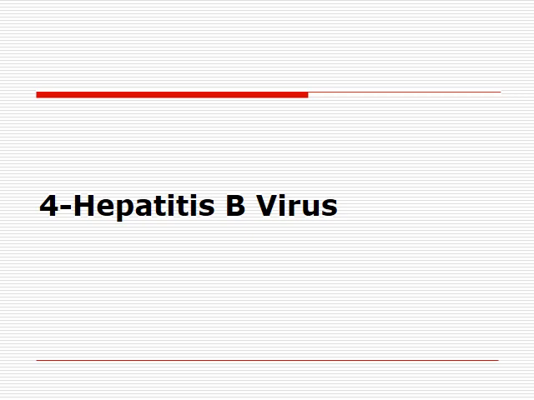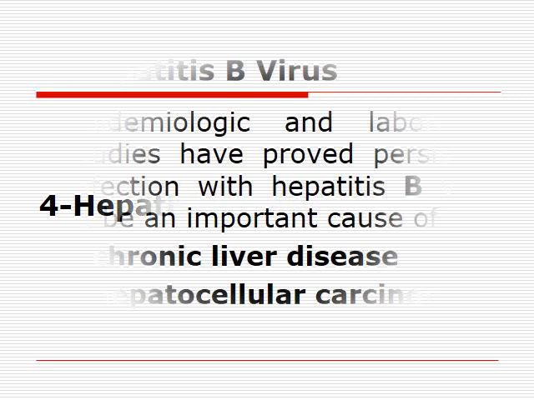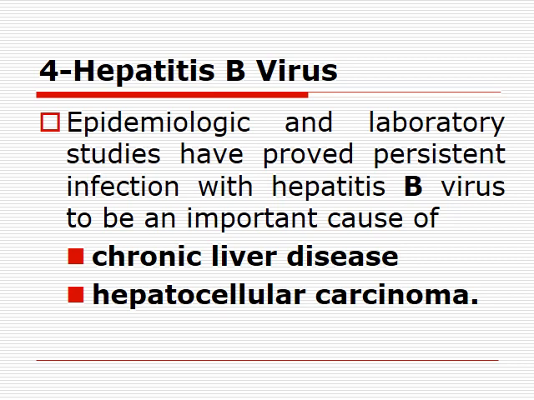Now the fourth DNA virus, hepatitis B virus. Epidemiological and lab studies have proved persistent infection with hepatitis B to be an important cause of, first, chronic liver disease, of course, and second, hepatocellular carcinoma, HCC.